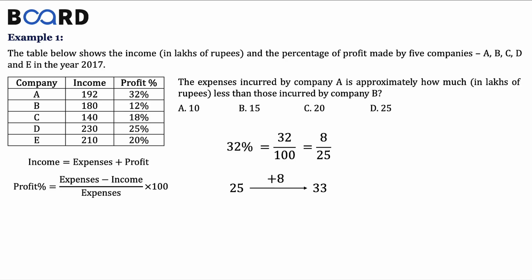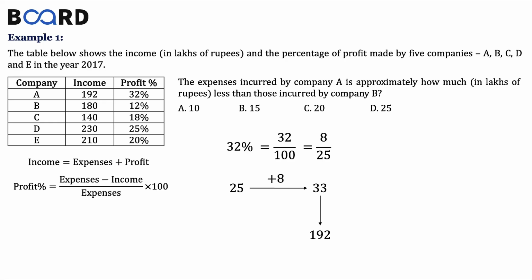This is the scenario in the simplest form, in the simplest values. But they are not the actual values. What do we know about the actual values? We just know the income of company A. How much is it? It's 192. That's the actual value. 33 was assumed by us. Because we were working with a ratio, now we have to think: what should we multiply with 33 so that it becomes 192?